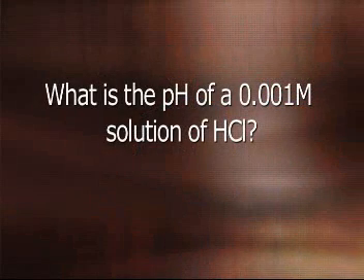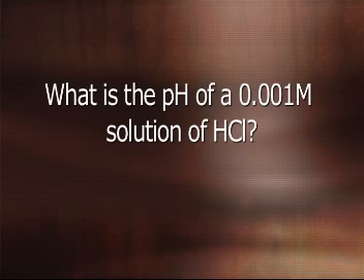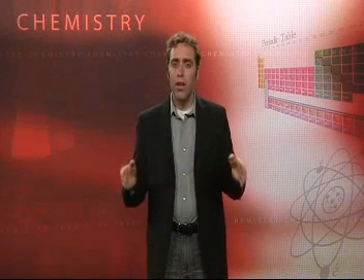We will determine the pH of a hydrochloric acid solution with a molarity of 0.001. We know that hydrochloric acid is a strong acid and that it dissociates almost completely.